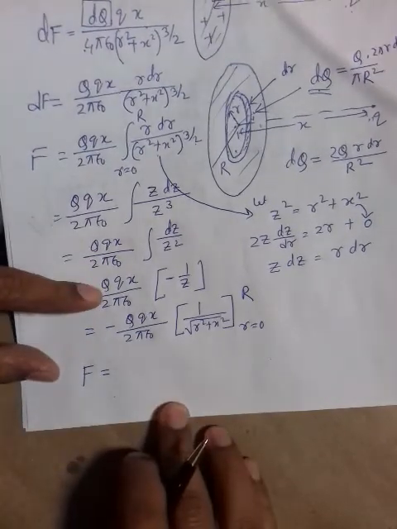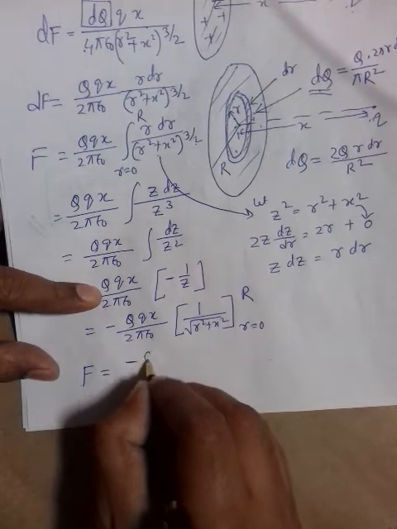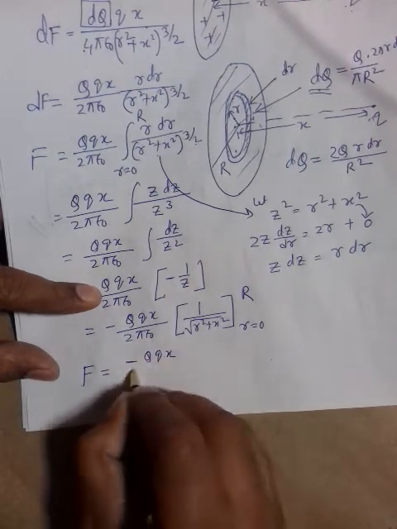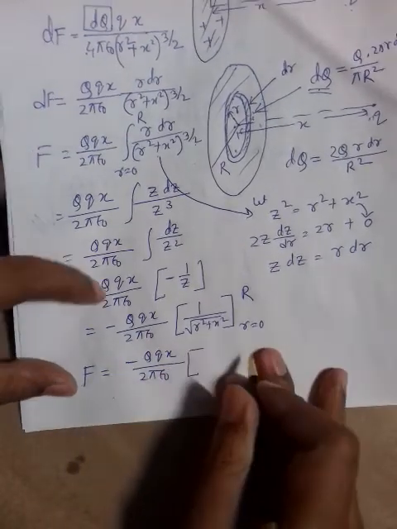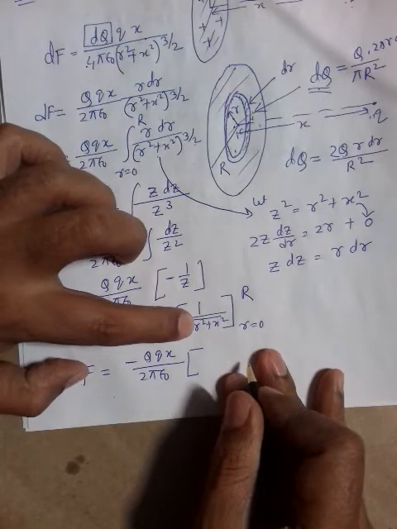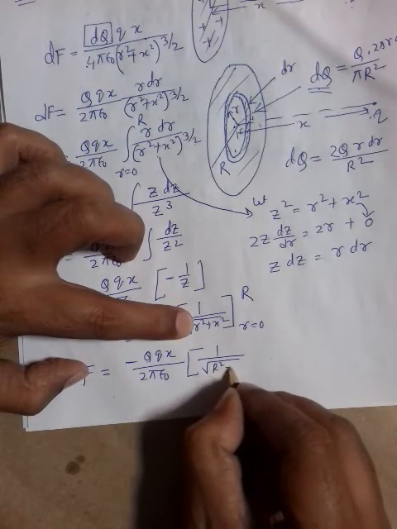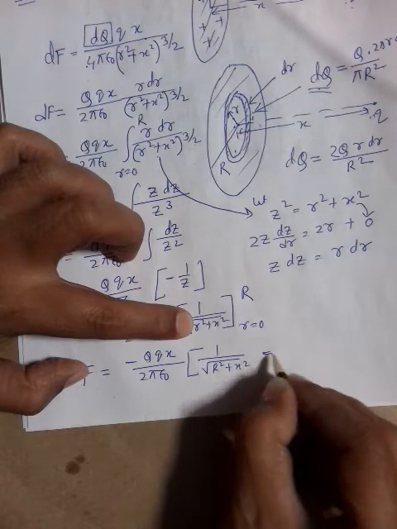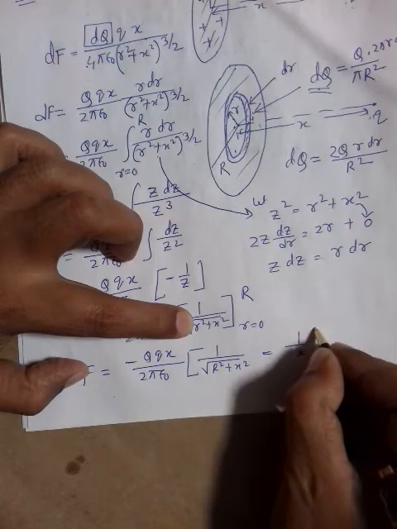What is the simplification? Simple. It is minus capital Q small q x by twice pi epsilon naught. Always final minus initial. Finally small r becomes capital R. So it is 1 by under root r square plus x square minus 1 by x.